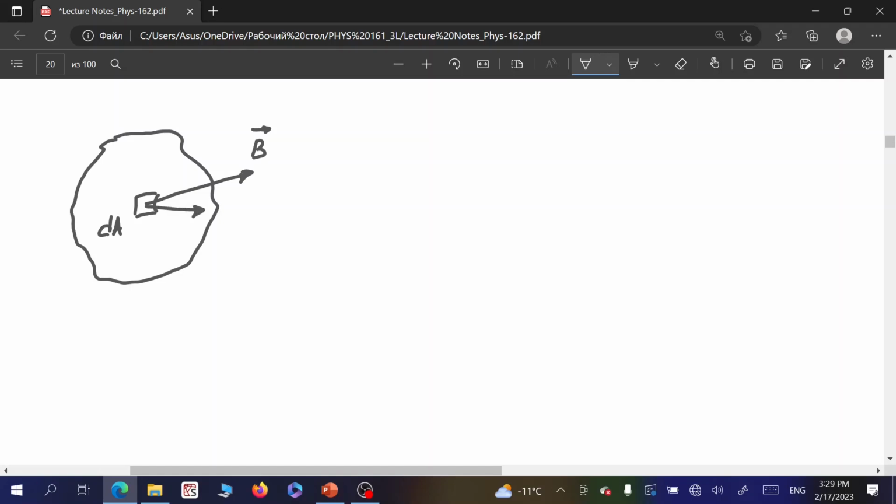So let us assume that we have some surface, and at this surface we can choose some small area dA. So this will be magnetic field vector B, and this will be dA vector.